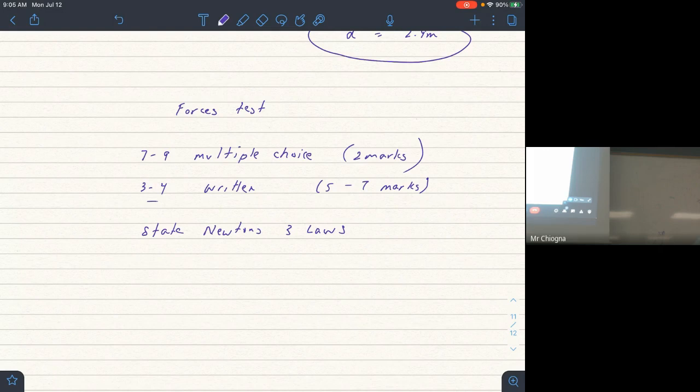There definitely will be some incline problems in the multiple choice and the written, at least one in the written. I'll go into more detail on the breakdown later, but there will be incline problems solving for the acceleration, solving for how far down, solving for how fast. At least one or two in the multiple choice, and for sure one in the written.